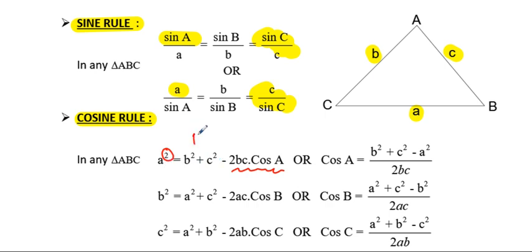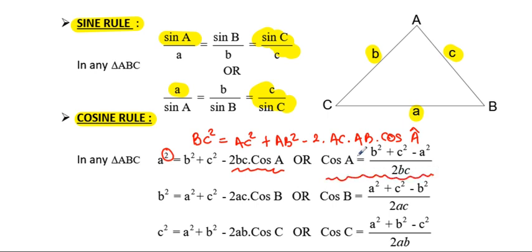Try to also use it like this: BC squared is equal to AC squared plus AB squared minus 2 times AC times AB cos of angle A. So that it gives you a perception, because you're dealing with many triangles and you cannot use ABC because there could be 2 angles that have a side opposite the angle A. Also, you could use the cosine rule for finding angles like we did here.